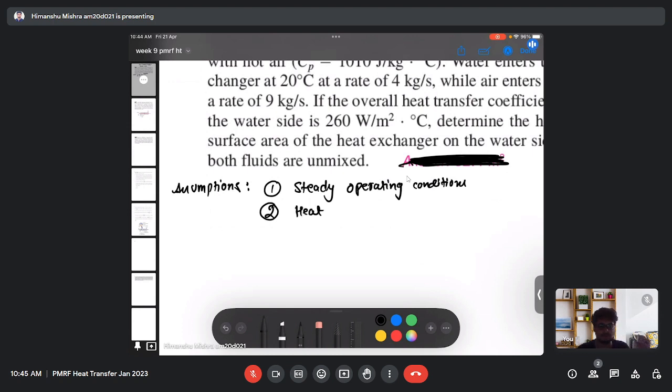That means there is no heat transfer from the inside of the heat exchanger to the surroundings.